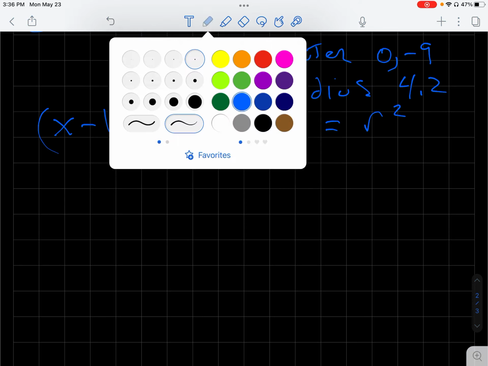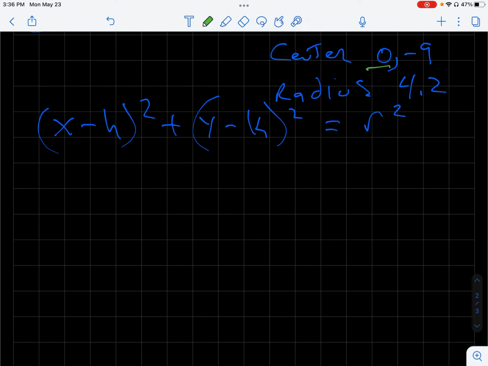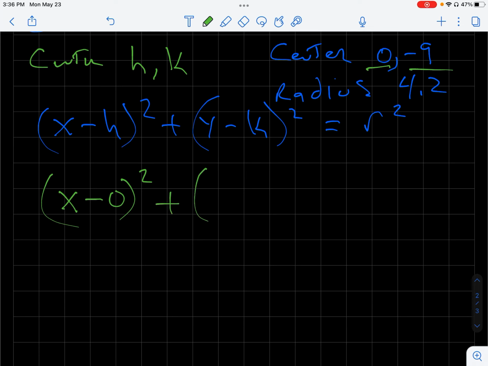Here, the center is h, k, so x minus h will be x minus 0 squared plus y minus k, so it's y minus a minus 9 squared equals r squared, and in this case the radius equals 4.2 squared.